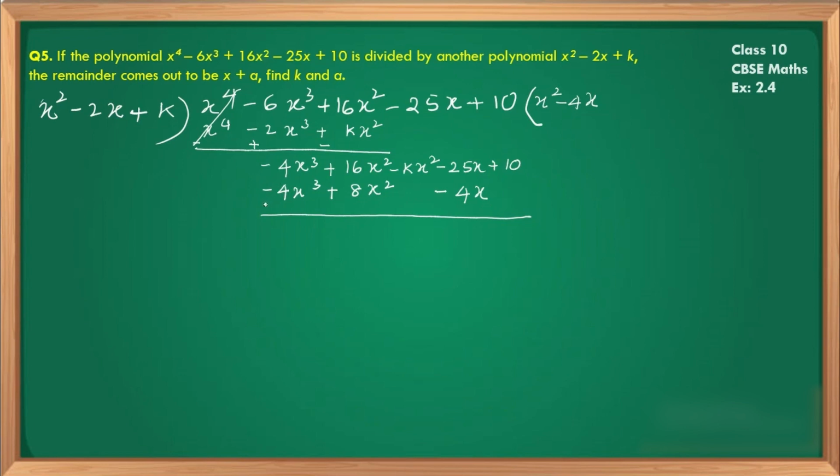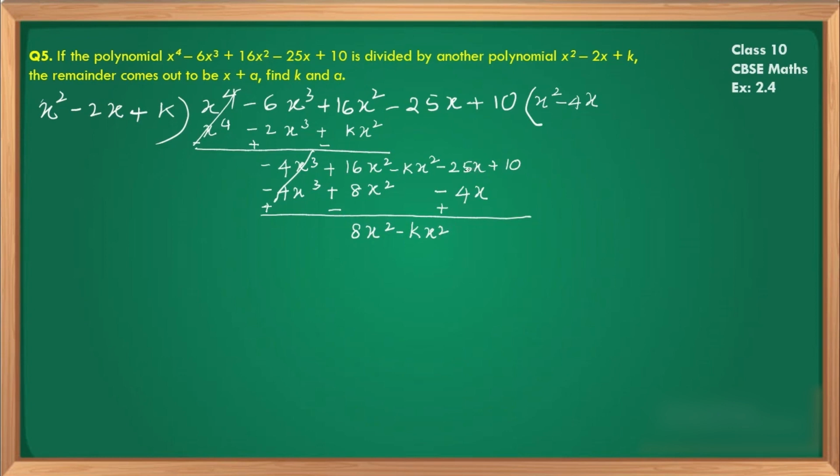Therefore, the sign changes. Minus becomes plus, plus becomes minus, minus becomes plus. Now this gets cancelled. Here 16x square minus 8x square gives you 8x square. We write minus kx square as it is.